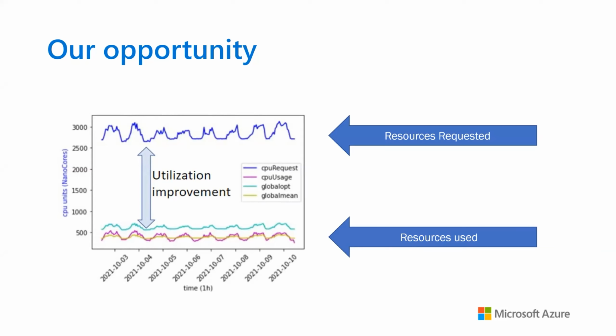And the upper line is what they requested, the aggregation of the requests. While using 500 cores, they requested somewhere between 2,700 and about 3,000 cores. So there is a waste of over 2,000 cores, which is 4 times the amount that they use. There is a lot of room for improvement and a lot of money going down the drain.